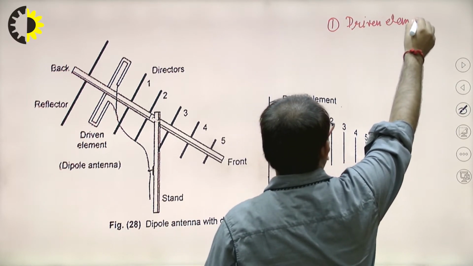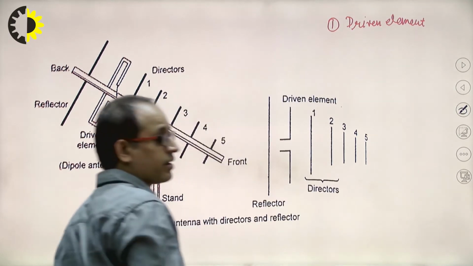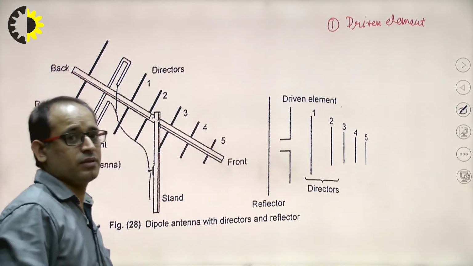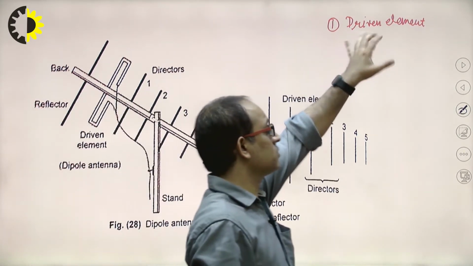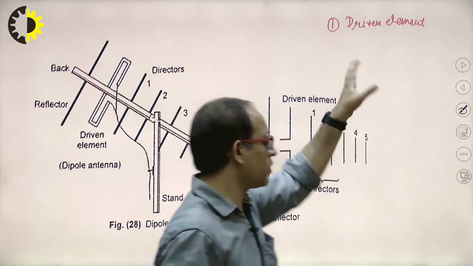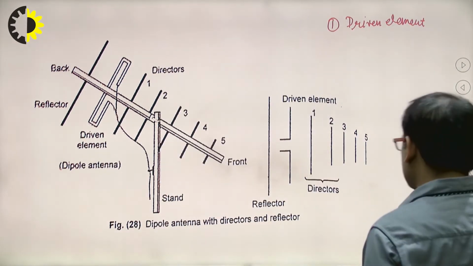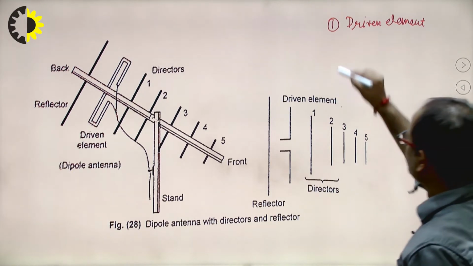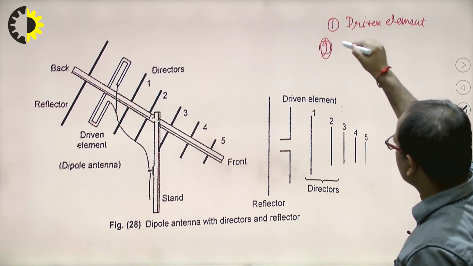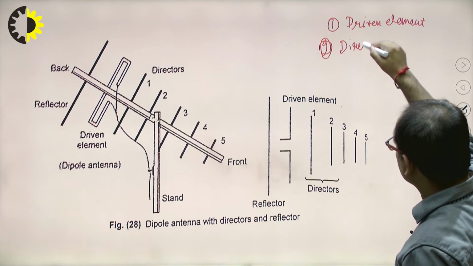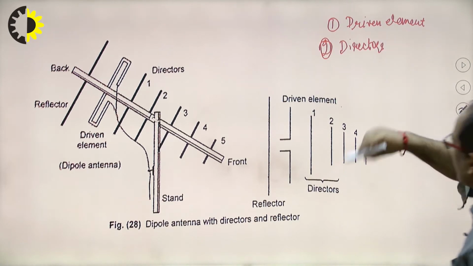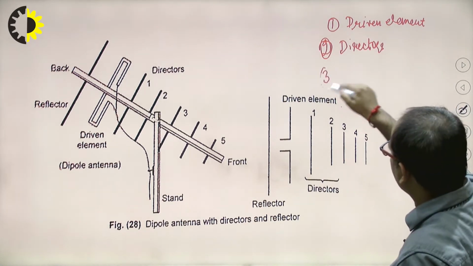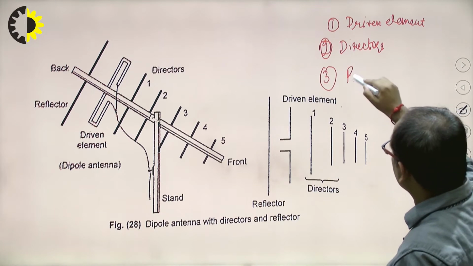Why is it known as the driven element? Because the main current or main power supply is given to this element, and from this element the other elements get excited. The second is the directors, and the third one is the reflector.